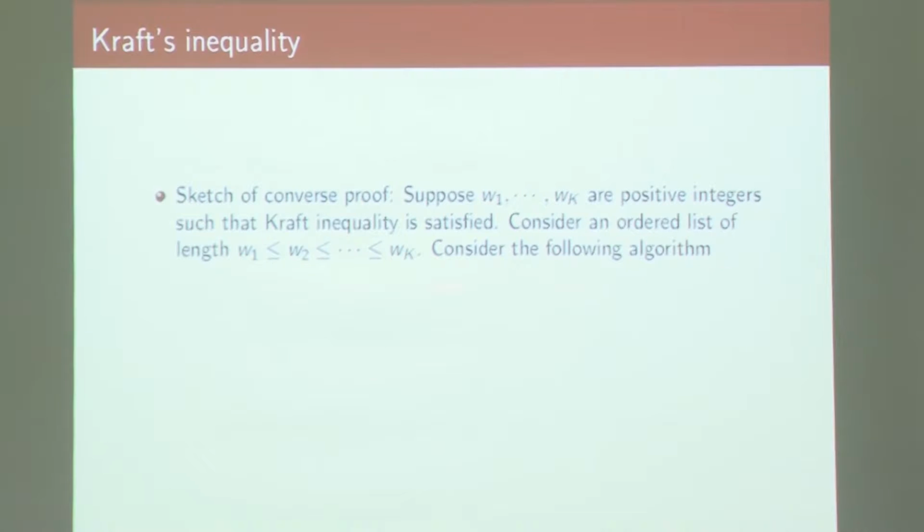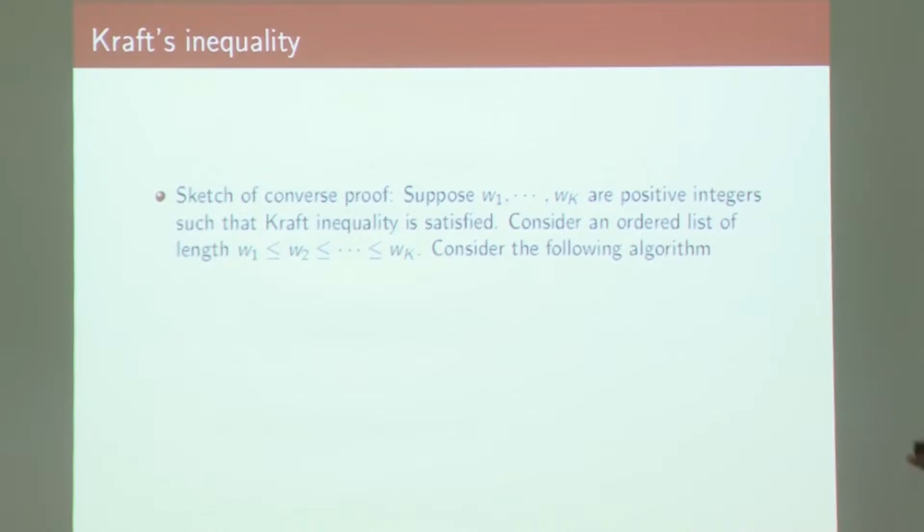Now let us consider an ordered list of lengths. We reorder these code words in ascending order of their length, and without loss of generality, I assume W1 is the smallest length code word, then W2, W3, up to Wk.